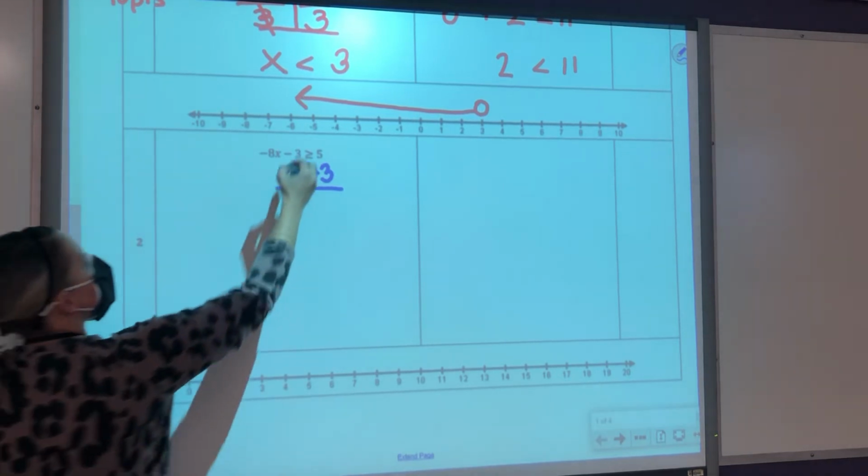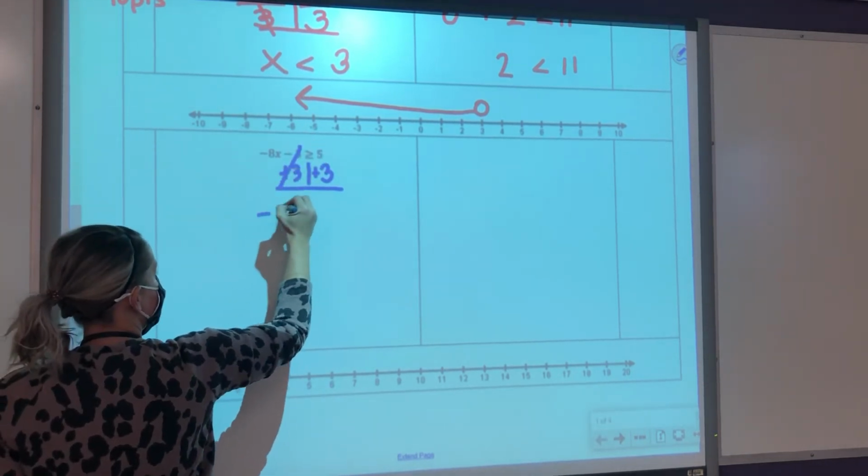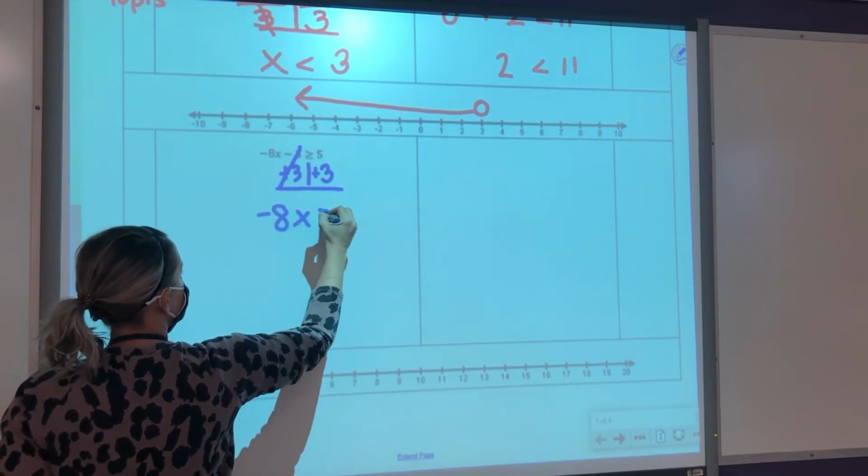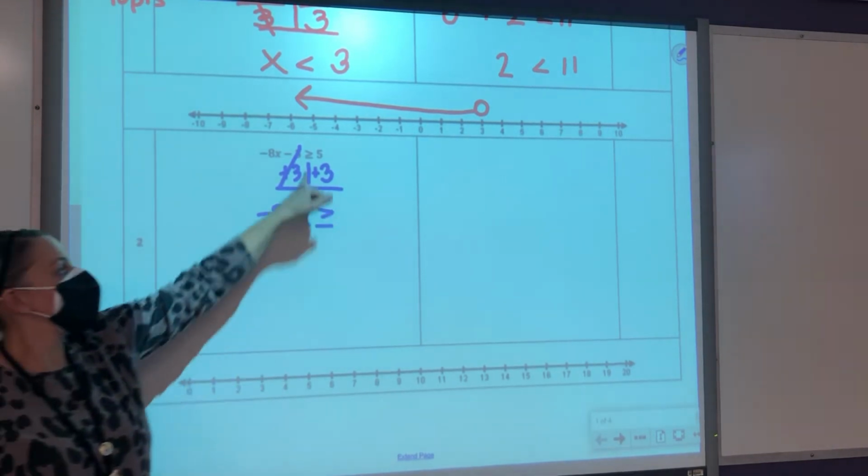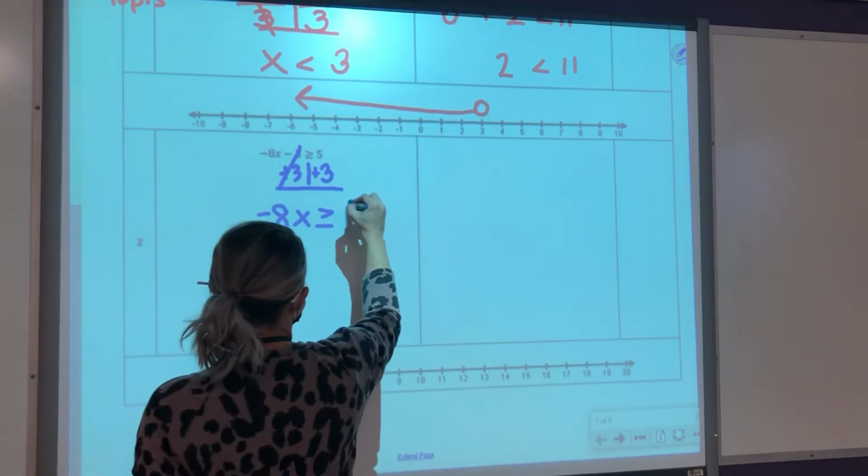The 3 should be crossed out. So my 3's cancel, I pull down my variable term, pull down my inequality symbol, and 5 plus 3 is 8.